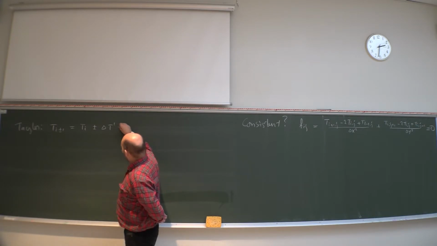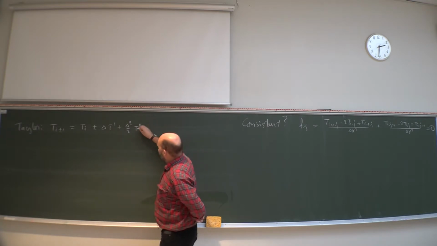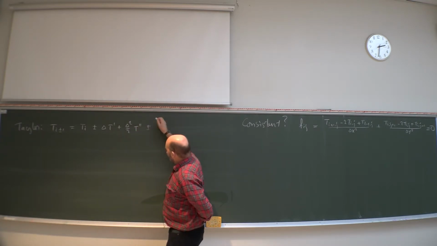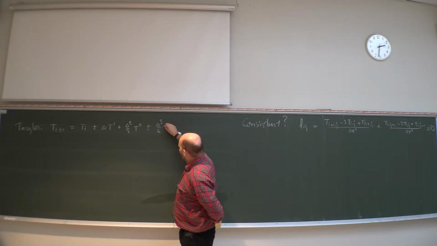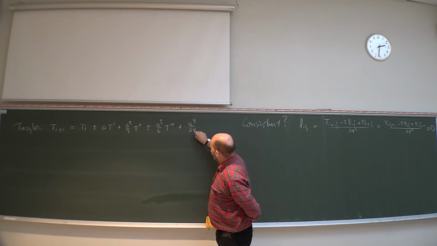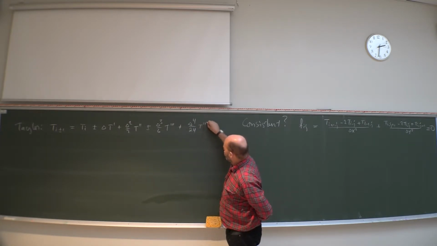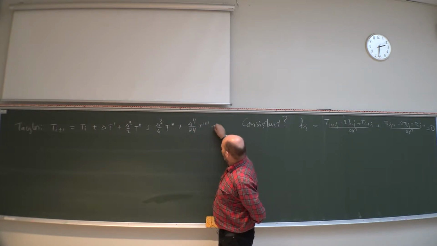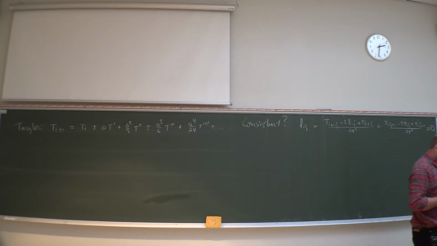And then you will have plus delta squared over 2 times the double derivative. And then it will be plus or minus delta to the power 3 over 6 times the third derivative. I actually need number 4 as well. Delta to the power 4 over 24 times the fourth derivative, plus and minus, and then even higher order terms. So that's the Taylor series in one direction.